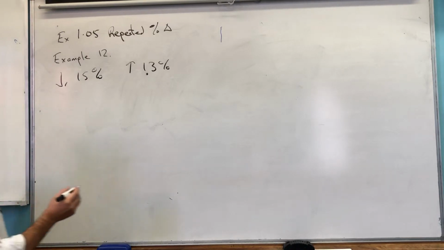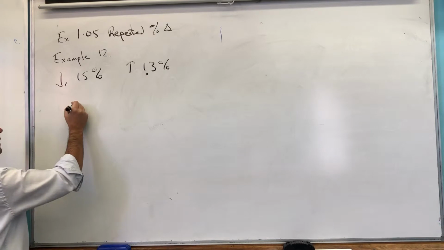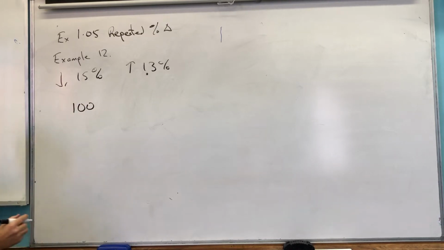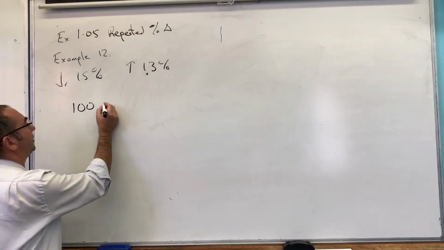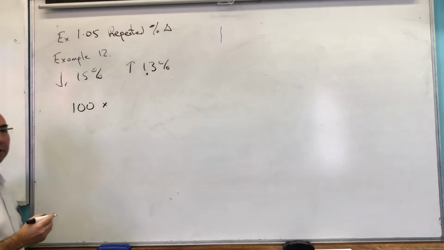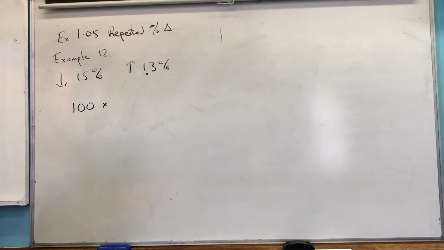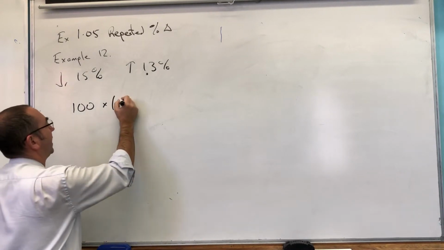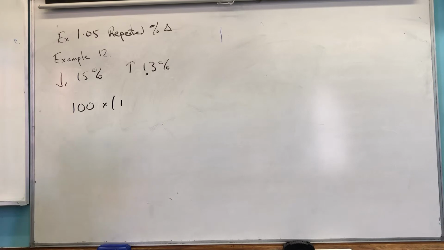So I think the way to do this is to start with 100. Okay, we're going to start with 100 there. And then we're going to decrease 100 by 15%. And so if we multiplied 100 by 1, and you'll notice that I do things sometimes a little bit differently from the examples.